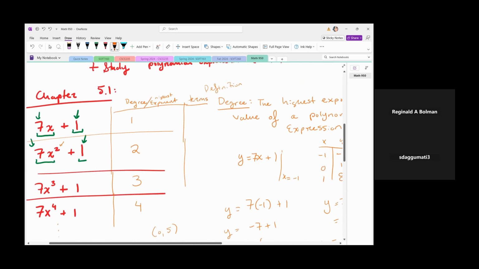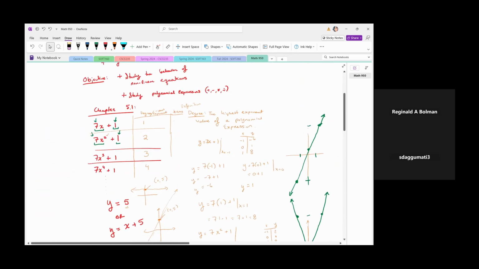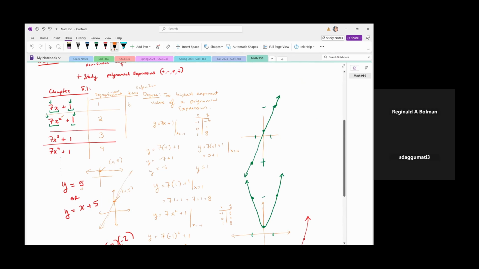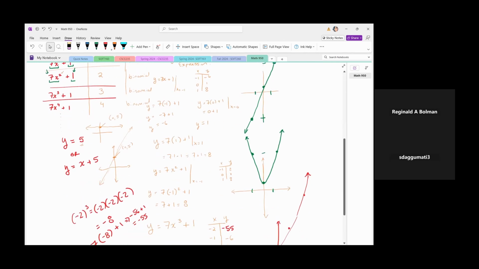So when you have two terms, you call something a binomial. So each one of these expressions that we had in our table would all be classified as binomials, because 7x plus 1 has two terms, 7x squared has two terms, 7x cubed has two terms, 7x to the fourth has two terms.